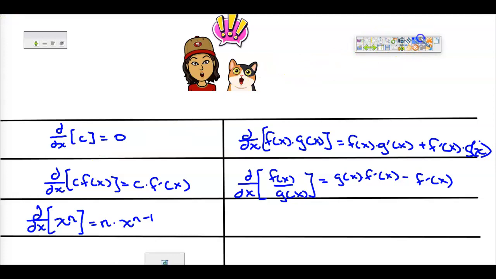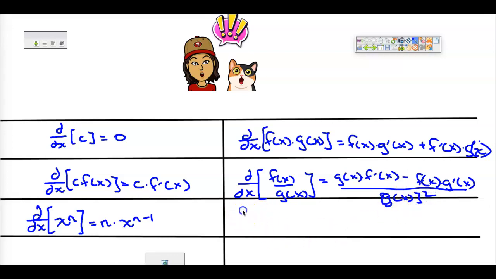Let me restate this: the low function times the derivative of the high minus the high function times the derivative of the low function, all over the low function squared.